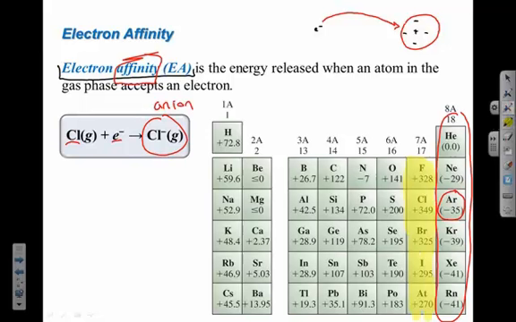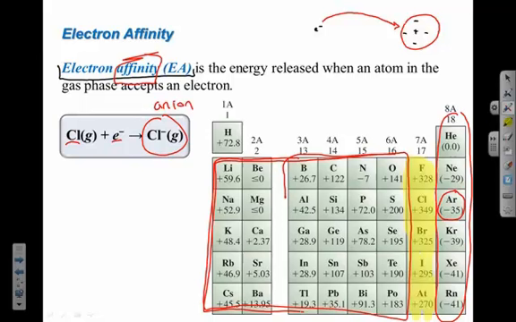We can't say the same for the rest of these. All right, so for these other elements, all the other ones I boxed there in red, those elements will neither make the same number of electrons as a noble gas by adding an electron, nor will they break up the same number of electrons as a noble gas by adding an electron.